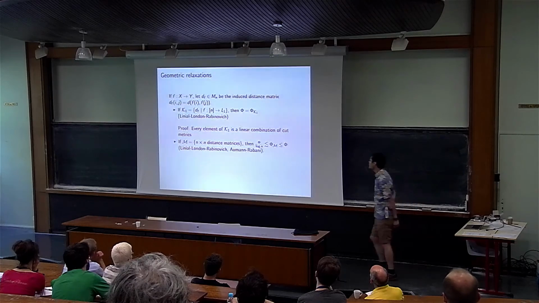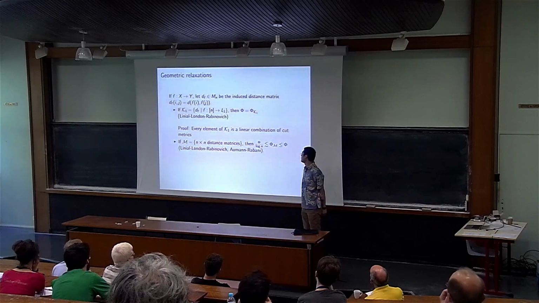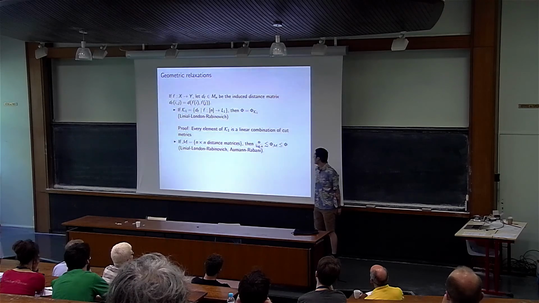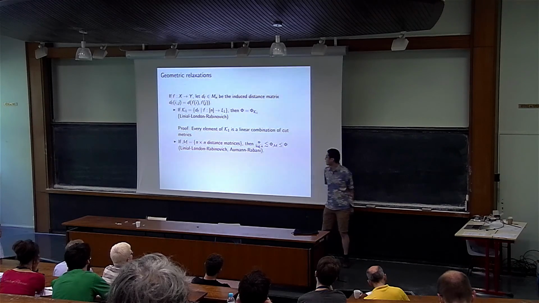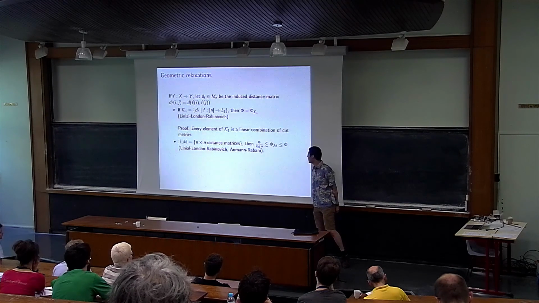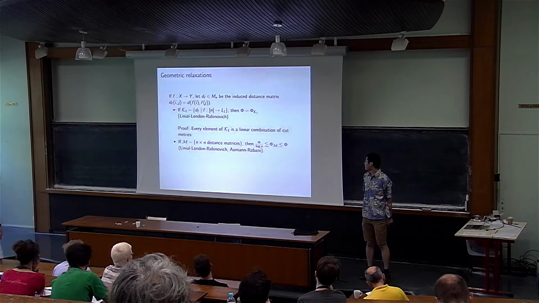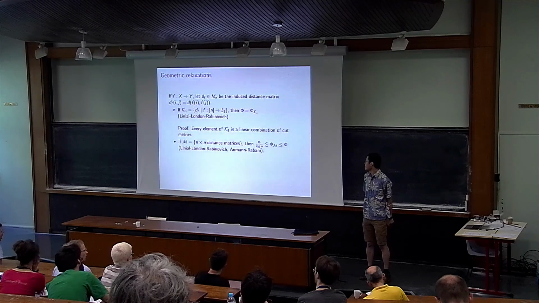So one such set is if we take M to be the set of all n by n distance matrices. Then it turns out that the relaxation corresponding to M, phi sub M, is within a logarithmic factor of phi. This is a result of Linial, London, Rabinovich, and Aumann and Rabani. And it turns out that minimizing over the set of n by n distance matrices can be done reasonably quickly.